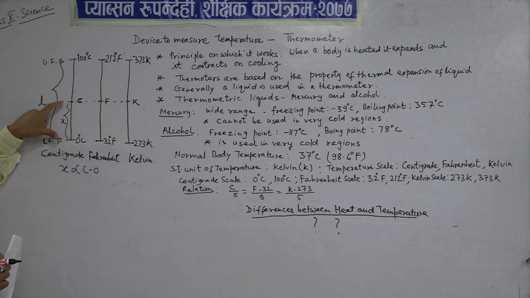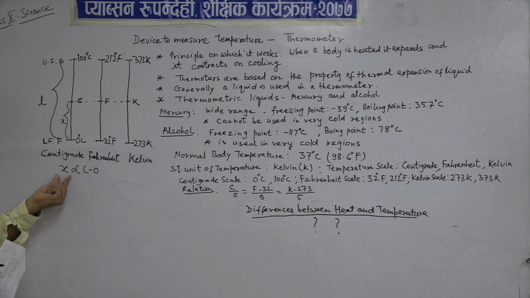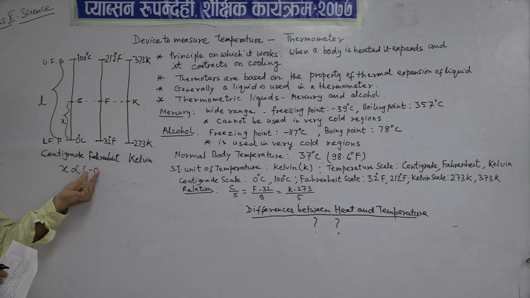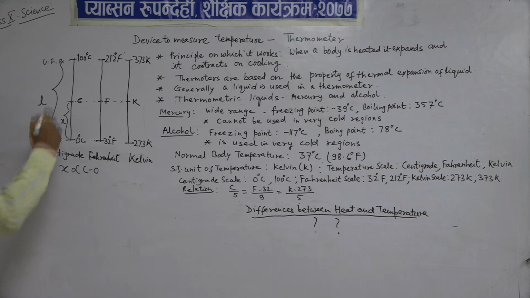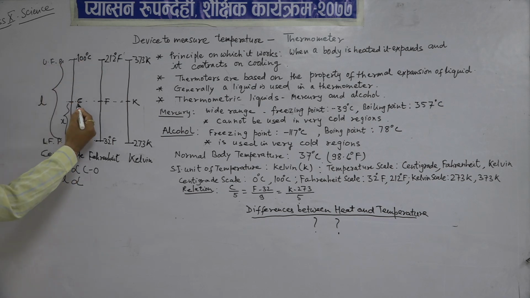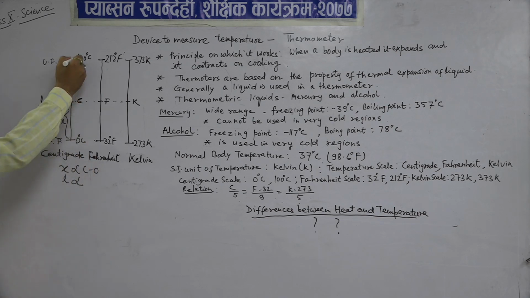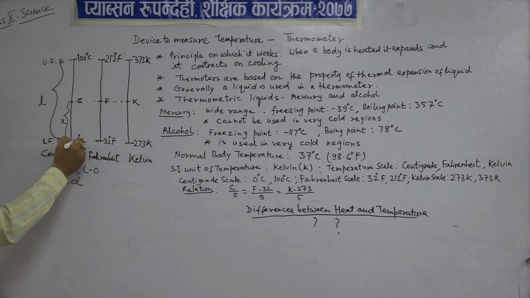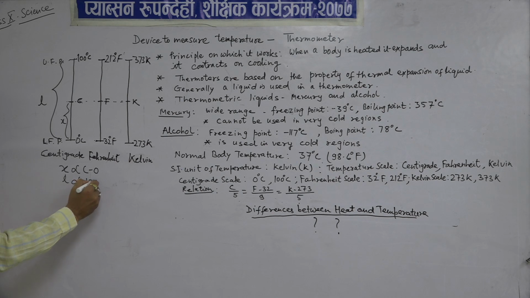We can say x is proportional to C minus 0. Similarly, L will be proportional to, here it was C and 0, so C minus 0, but here it is 100 and 0, so 100 minus 0.